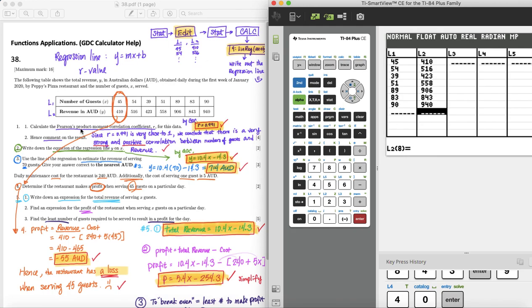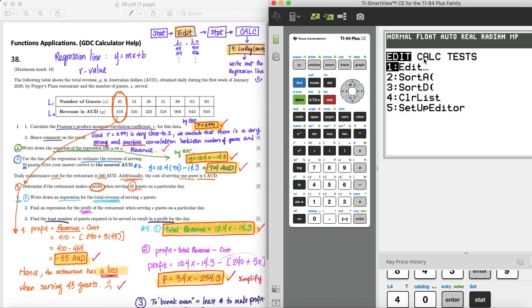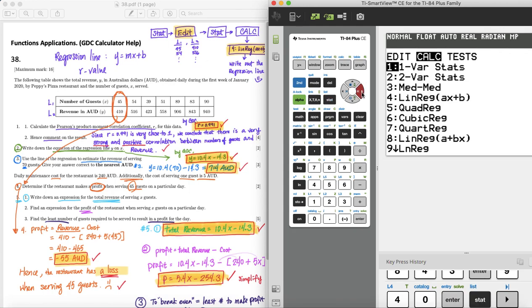In order to get the Pearson's product moment correlation coefficient R, we are going back to stat. We're going to use the calc and let it work this out for us, because the next question asks for the equation of the regression line. So we're going to choose number 4, regression line. Hit enter.